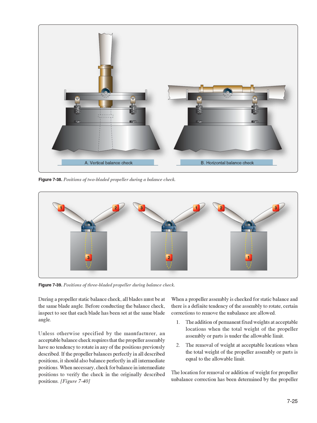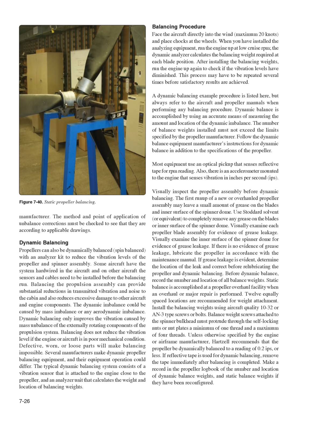The location for removal or addition of weight for propeller unbalance correction has been determined by the propeller manufacturer. The method and point of application of unbalance corrections must be checked to see that they are according to applicable drawings.